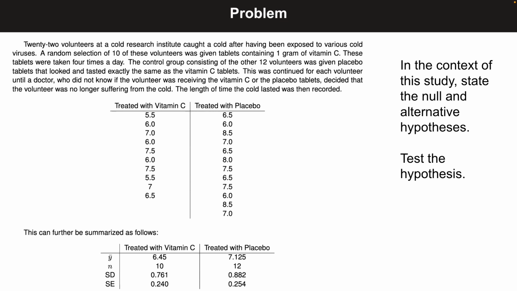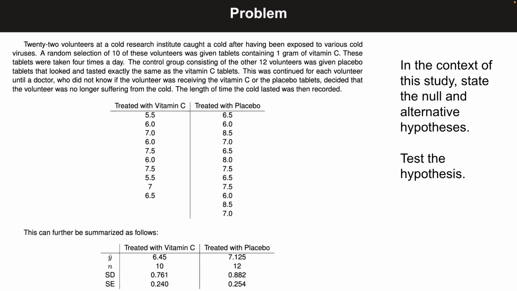Okay, bar graph with standard error. So what is a bar graph with standard error? So this will be vitamin C and this will be placebo. Why bar graph? Good question. Because its mean is bigger, right? 7.125.